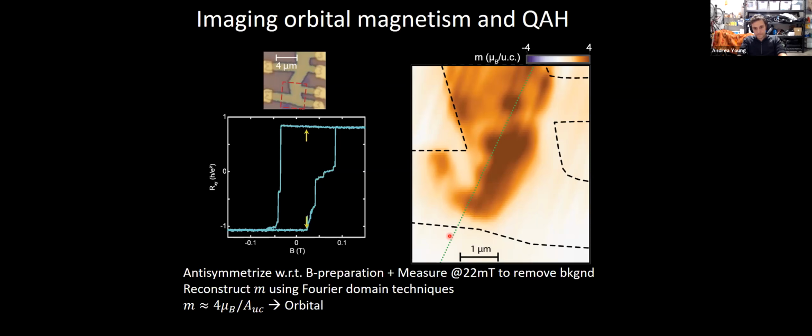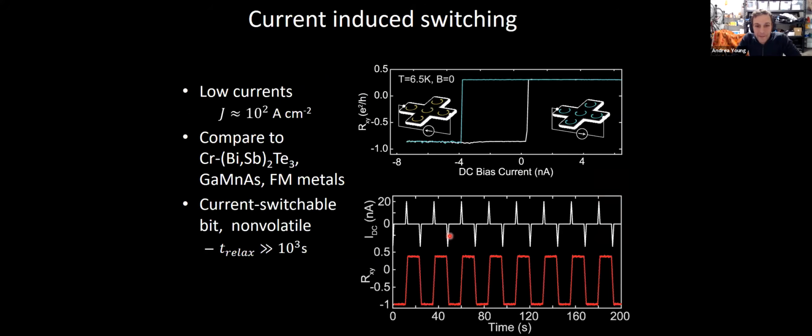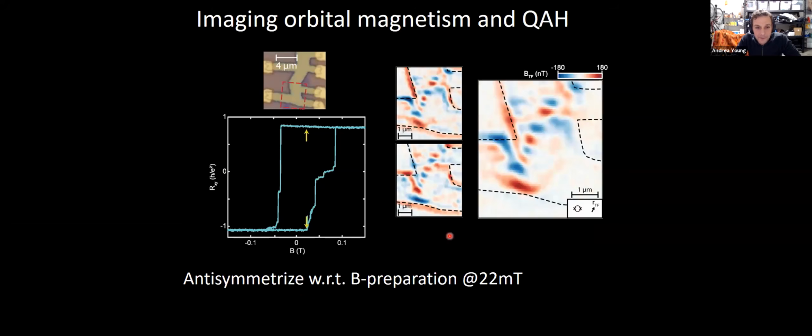If it's arising out of edge currents, you wouldn't expect to see this variation of the orbital magnetism through the material. Could you please comment more on that? I disagree. It all depends on the edge of what, right? And how much, where's the formula?